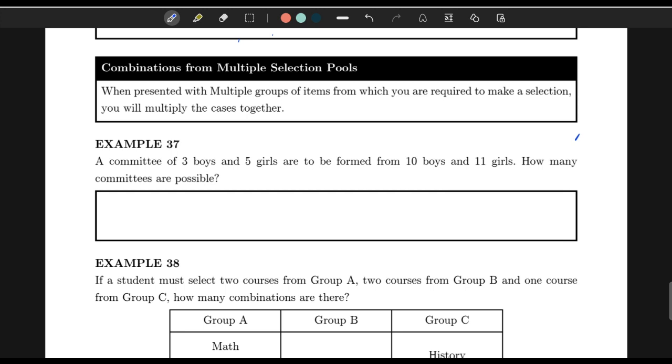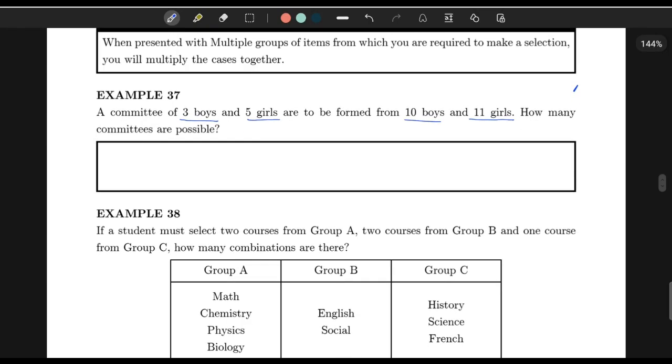Now, we have boys and girls. So, from 10 boys, we want to choose 3 boys. And from 11 girls, we want to choose only 5 girls. So, the number of possible committees will be 10C3 for boys, and we multiply the cases together.